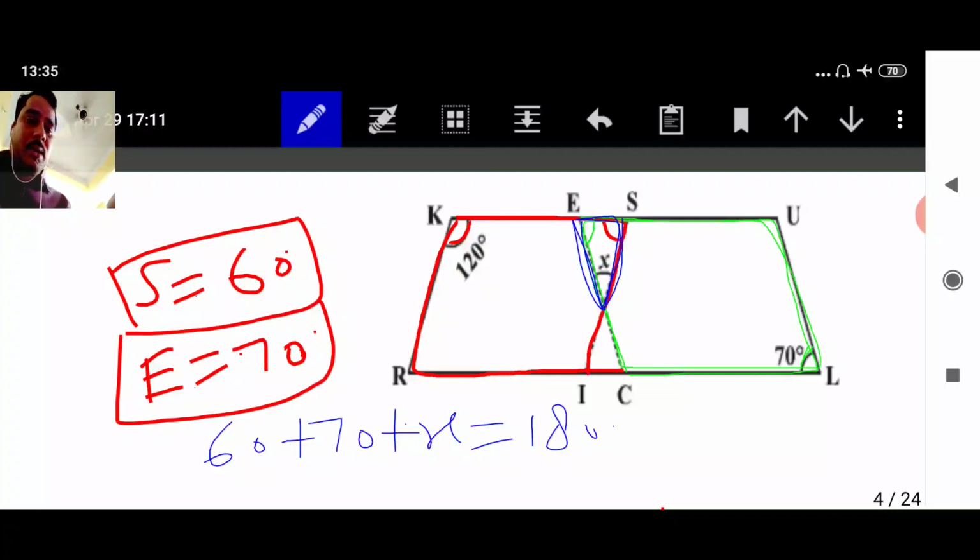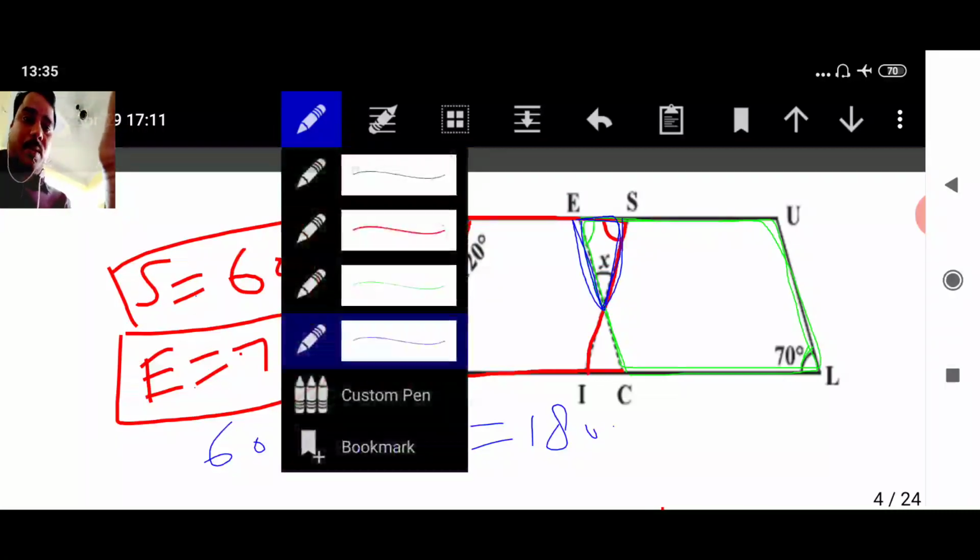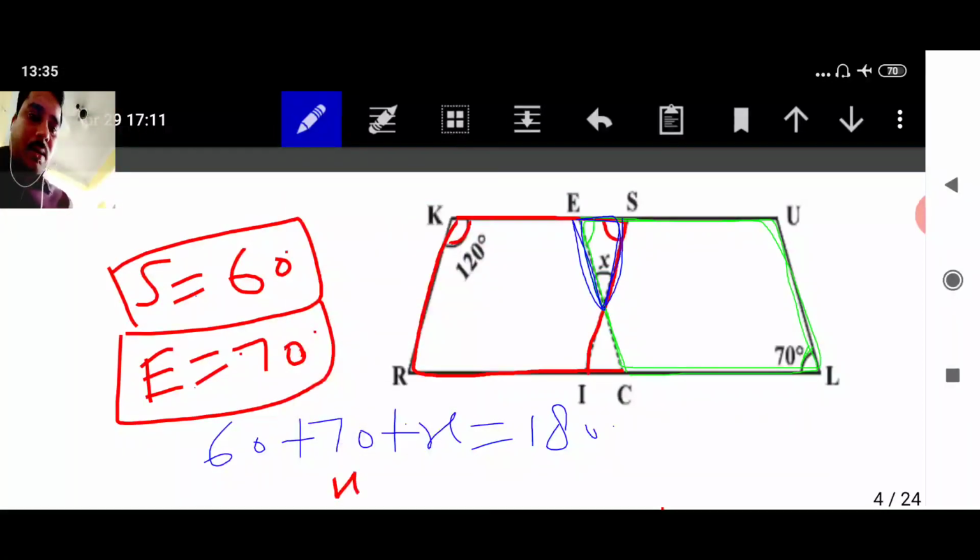Okay. So X equal to 180 minus 130, equal to 50 degrees.